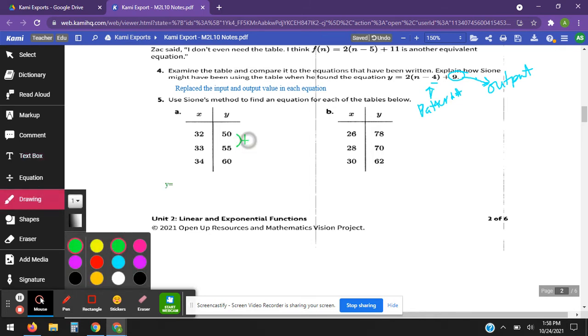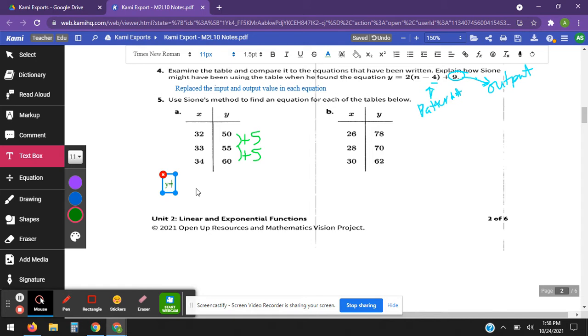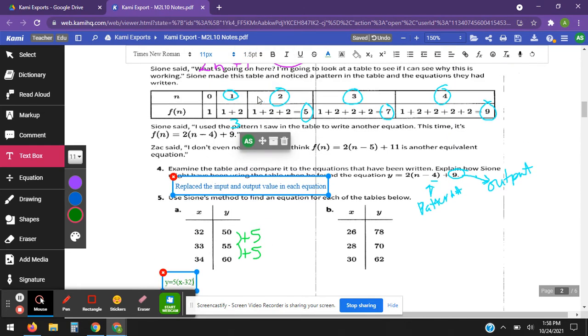So this one looks like a plus 5. Okay, so I'm repeating a plus 5, which means I need to have 5 and then the parentheses. That's what I'm doing over and over. But that's in my way. I'm starting with the 32nd term. So I'm going to do x minus 32 because that's my term number, just like it was up here.